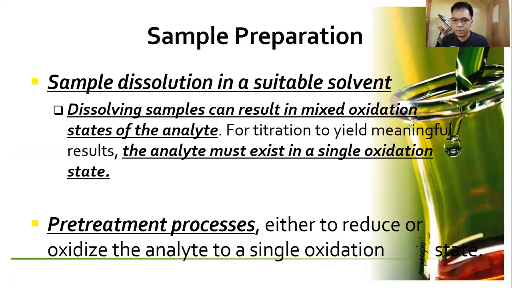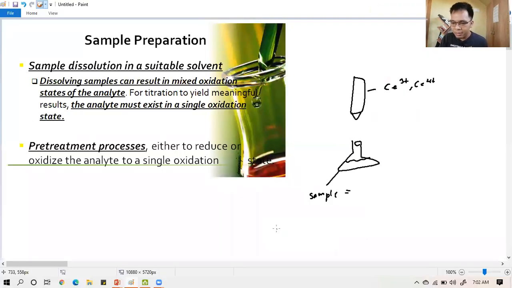Okay, ang gagawin niyo is sample dissolution in a suitable solvent. Pero ang mangyayari doon kasi guys, when you do that, let's say FeCl3. Merong kasing tendency na ito ay may halong hindi lang basta ferric ion. Meron din tayong ferrous ion, which can result in or other sample, let's say water sample.